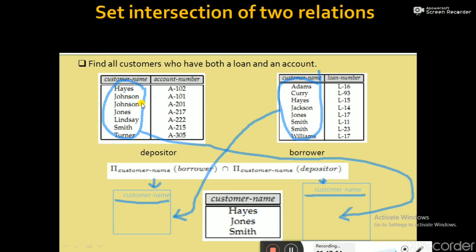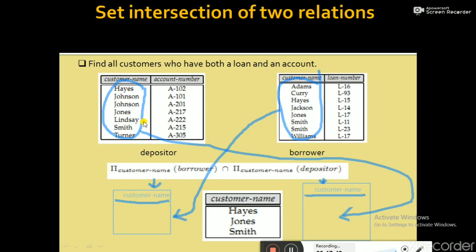No, so it will not be there. Hayes is present in borrower, Hayes is also present in depositor. So if a particular tuple belongs to both the relations, then it will be in the result. So Hayes will be there. Then Jackson is present in borrower but not in depositor, so it will not be there. Jones is present in borrower, Jones is also present in depositor, so Jones will be there. Smith is present in borrower, Smith is also present in depositor, so Smith will be there. Williams is present in borrower but not present in depositor.